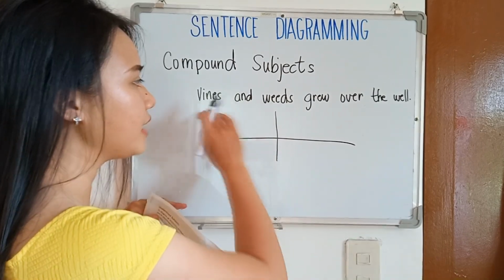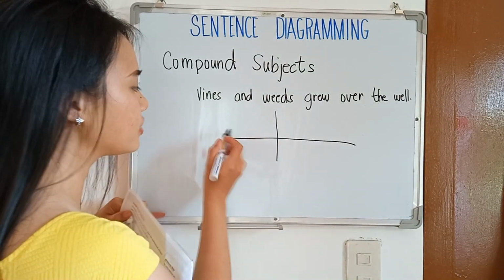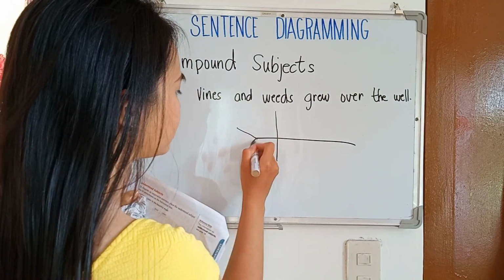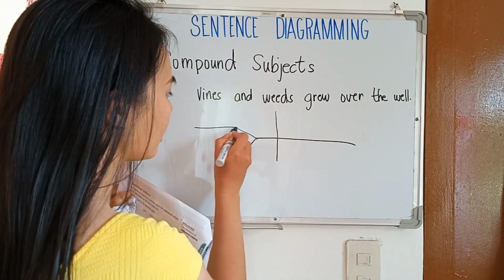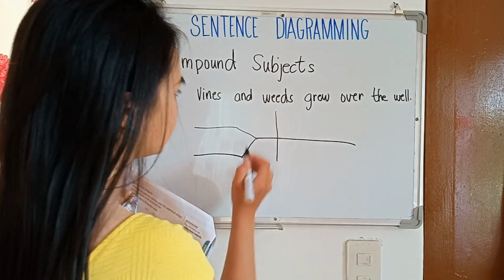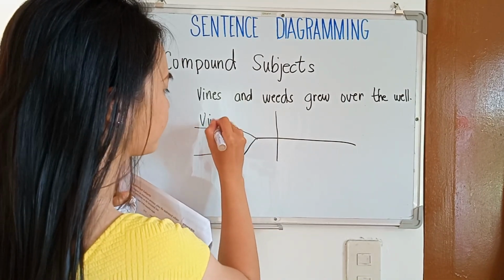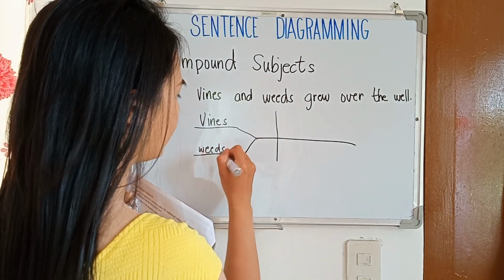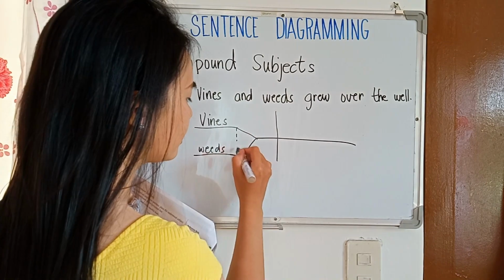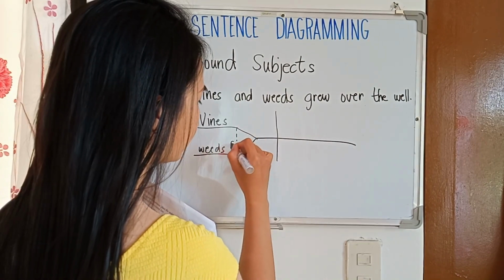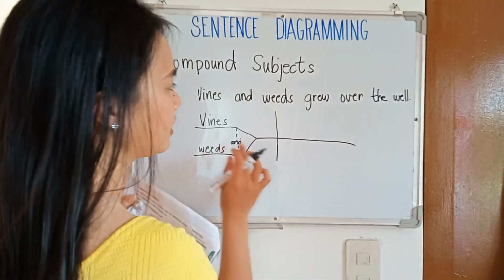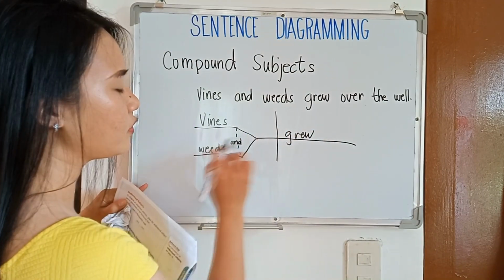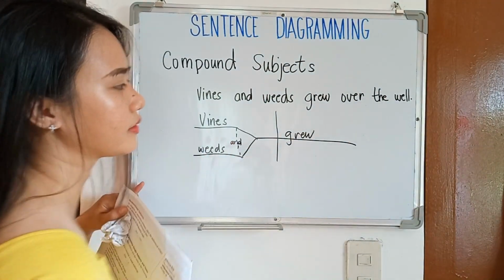Now, since vines and weeds are our subject and there are two, we're going to have two branches of the subject and we draw it this way. So we have vines here, capital V, and then weeds, the other line. And we draw a dotted line and we write and. This is the conjunction. And the verb is grew. Vines and weeds grew over the well.